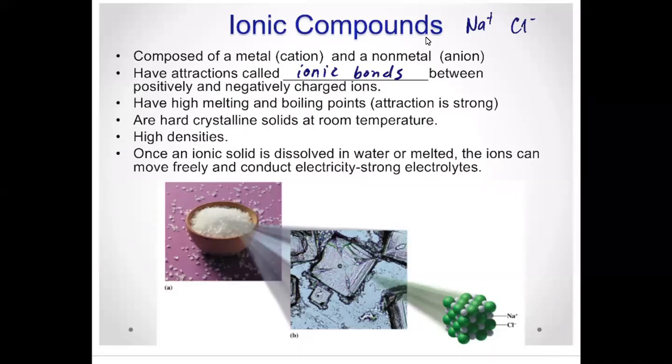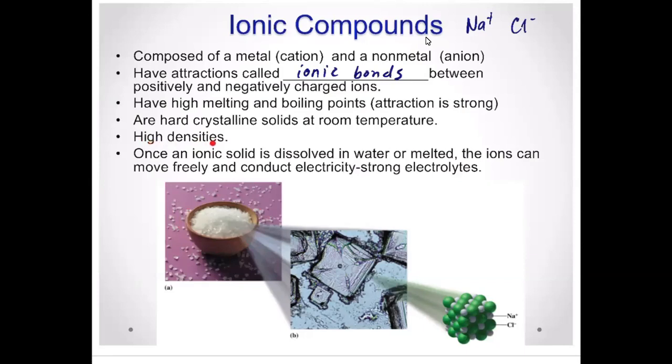between the positive and the negatively charged ions. So it is an electrostatic attraction between the opposite charges, and this is a very, very strong attraction. Therefore, we will see high melting points and high boiling points, meaning it takes a lot of energy to separate them. They are hard crystalline solids at room temperature. Just like you know about sodium chloride, it is a white crystalline solid.